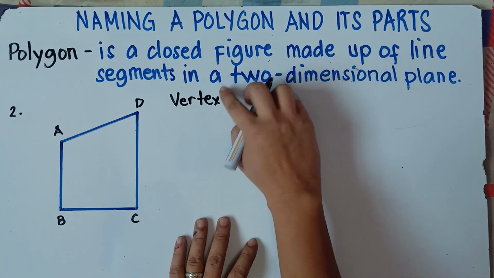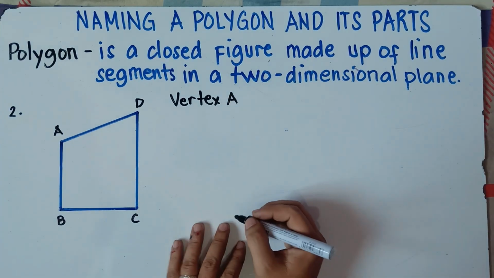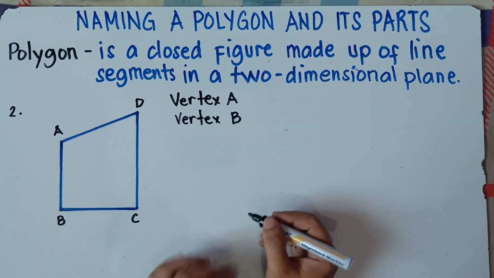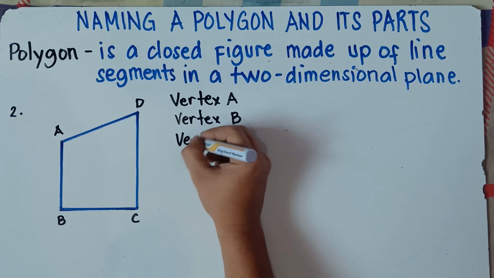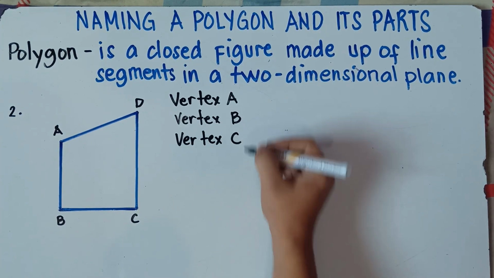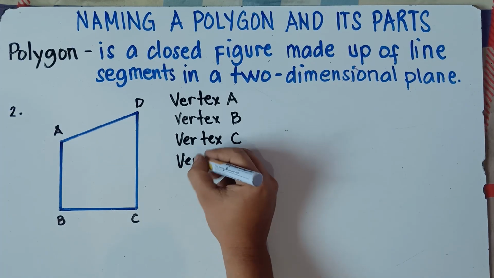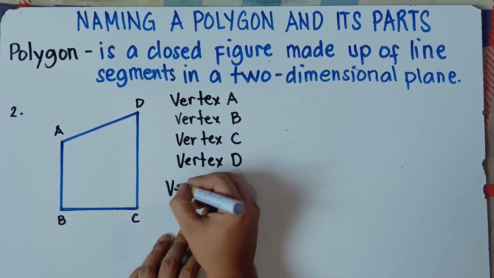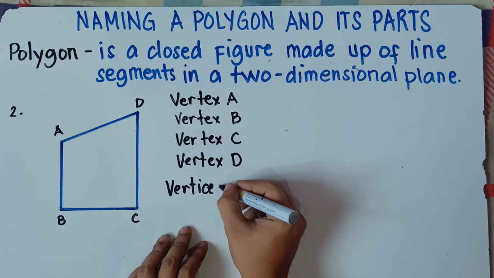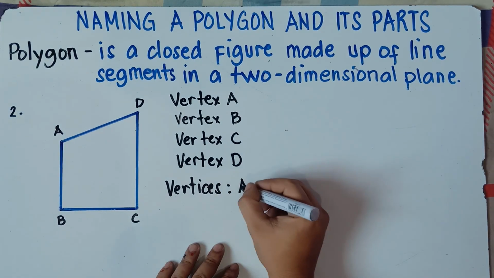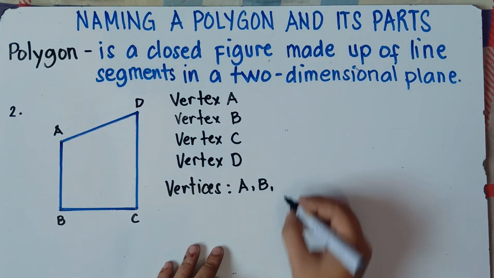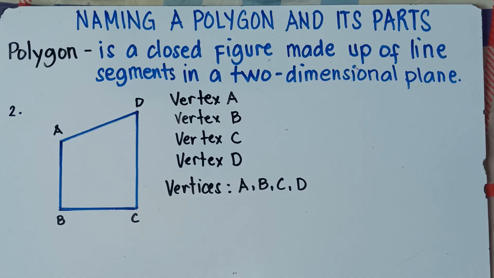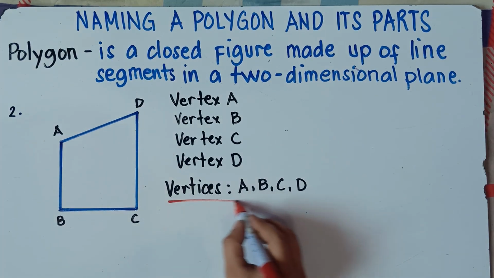So we have vertex A, and then vertex B, and then vertex C, and then vertex D. Or we can write the following vertices: A, B, C, and D. So we have 4 vertices. Alright, we're done with the vertices for number 2.